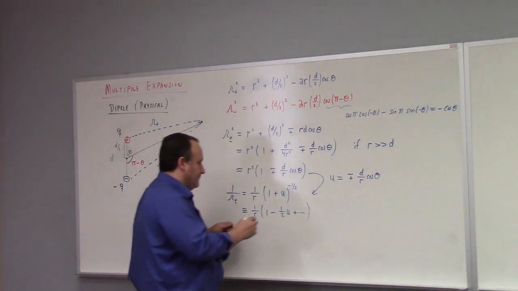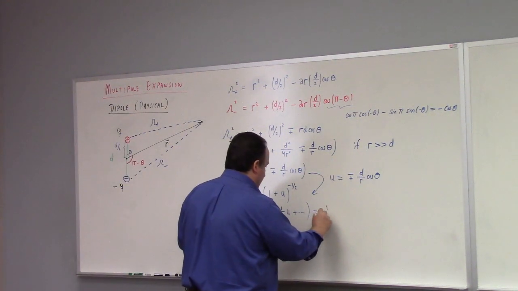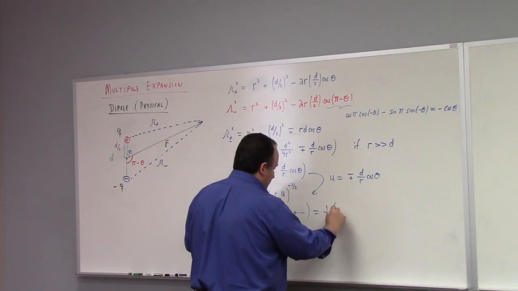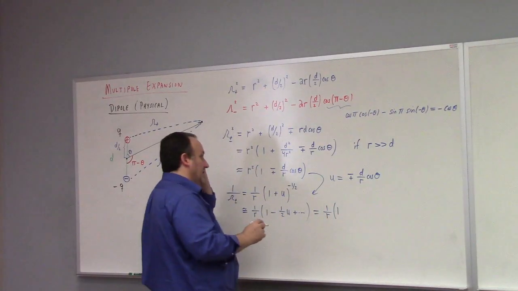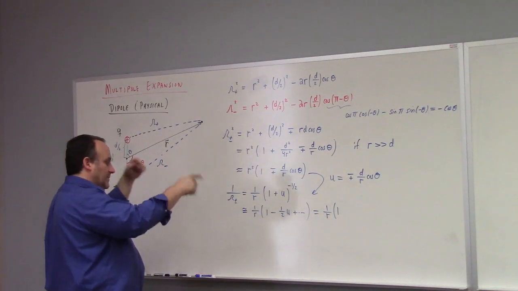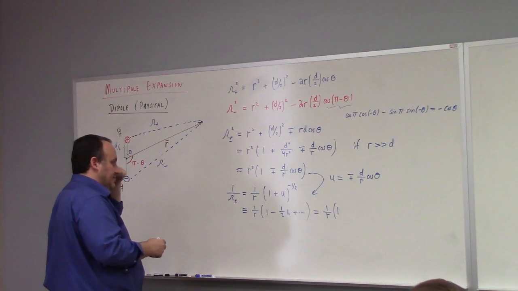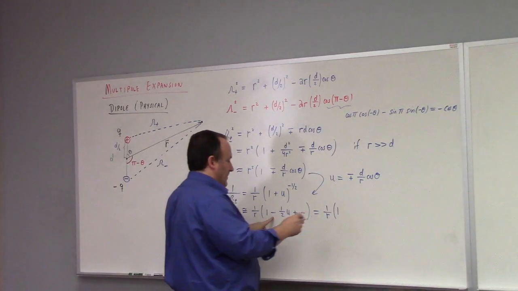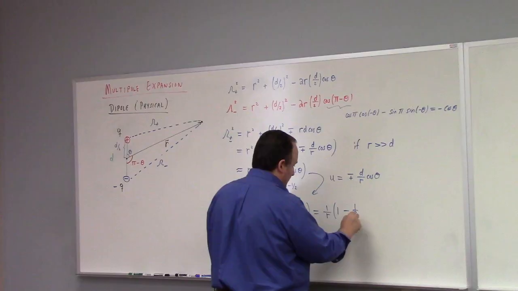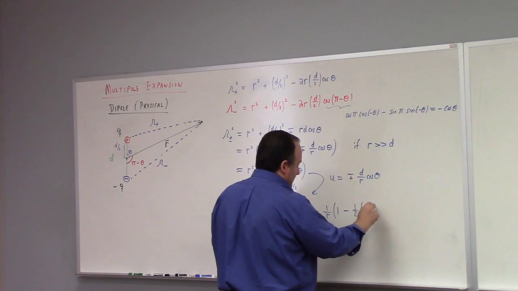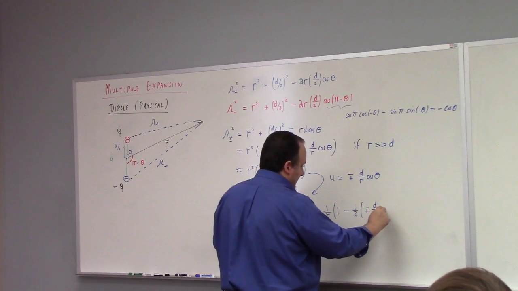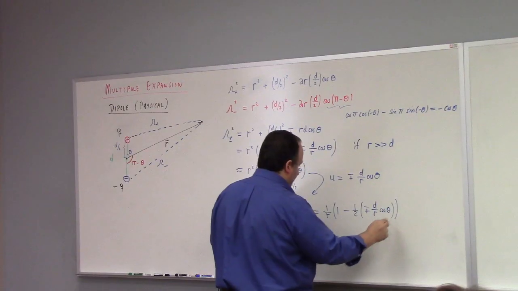This gives me 1 over r times 1 minus 1/2 minus plus d over r cosine theta.